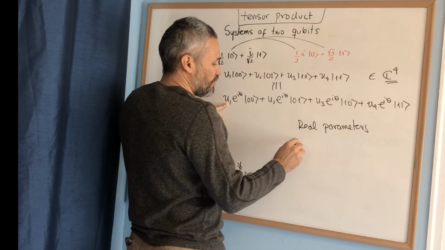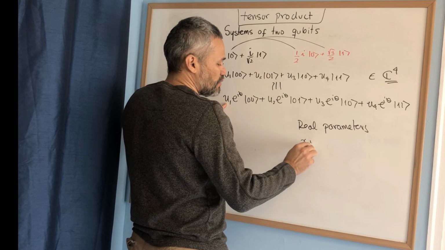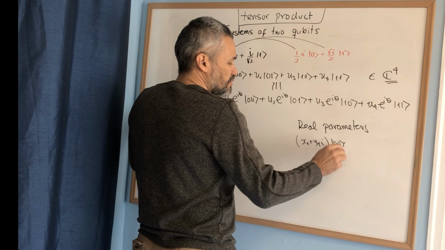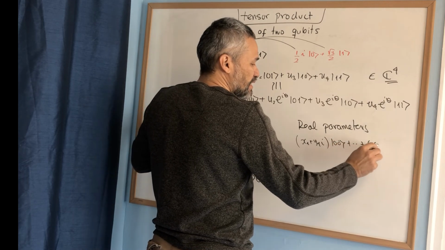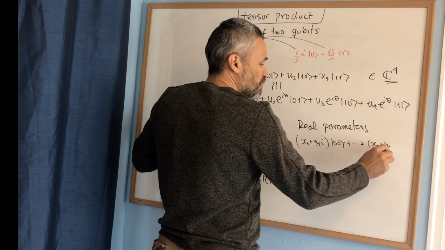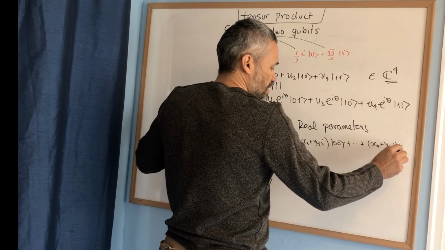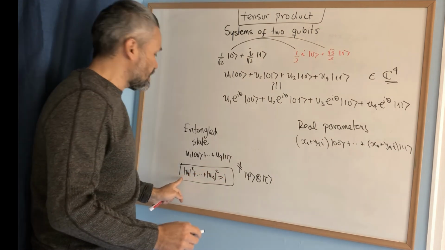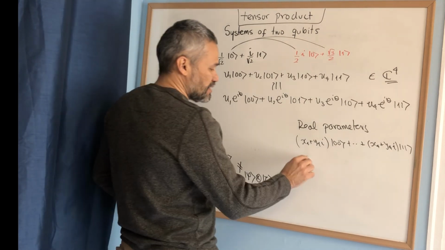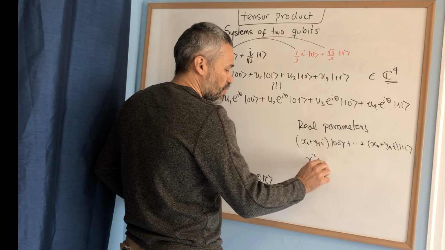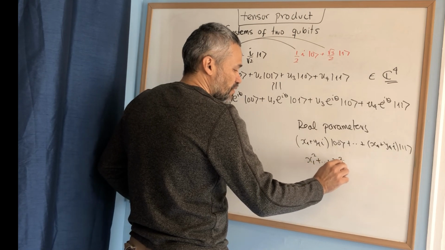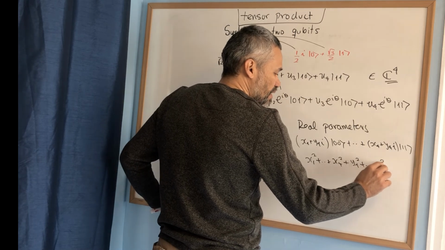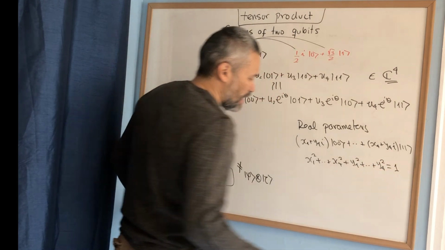Every element here can be written like x1 plus y1 i 0 0, and then plus x4 plus y4 i 1 1. We need 8 parameters, but this condition here is just the condition that x1 squared plus x4 squared plus y1 squared plus y4 squared equal to 1.